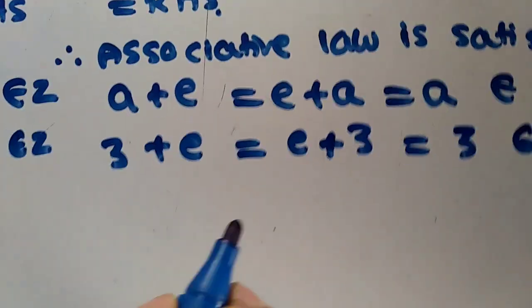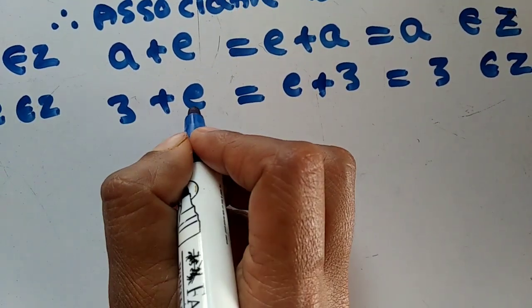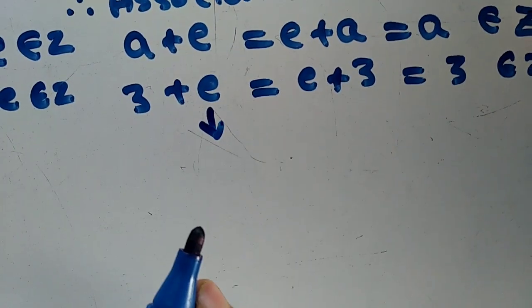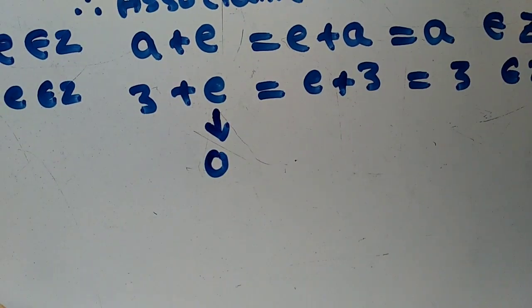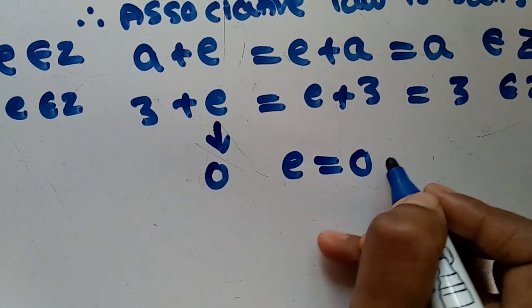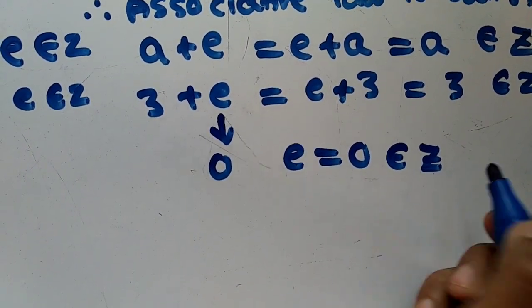So just look at here, guys. When you get 3 plus E is equal to 3, the only number you have to replace it by is 0. It means E is equal to 0. So does this E, 0, also belong to Z or not? Yes, of course.